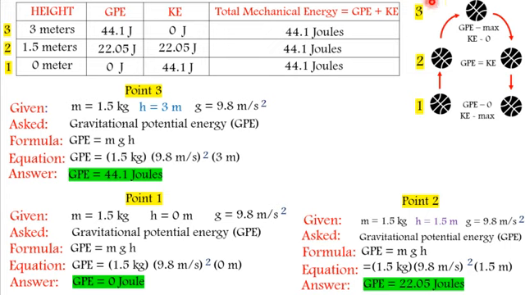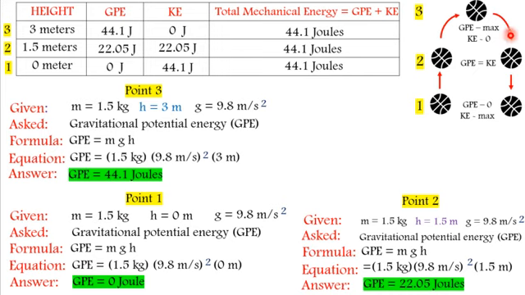So this is a clear manifestation that the energy is conserved. Energy is neither created nor destroyed. It is just transformed from one kind of energy to another. From the ground to the top, from point 1 to point 3, the transformation of energy is from KE to GPE.